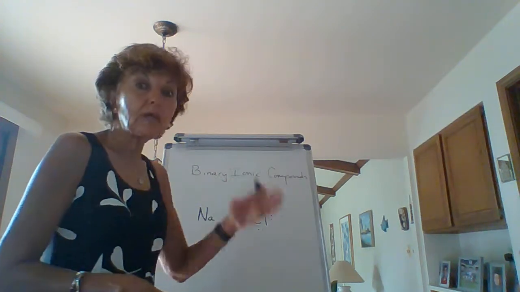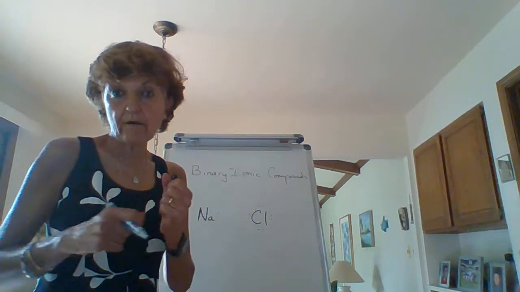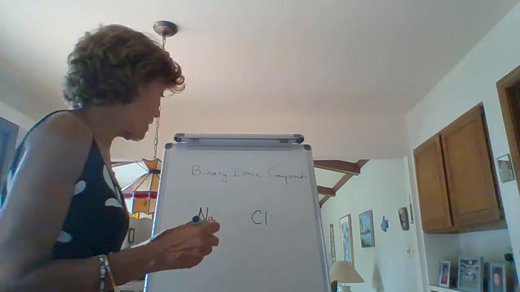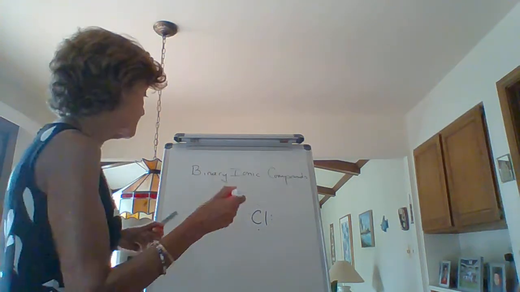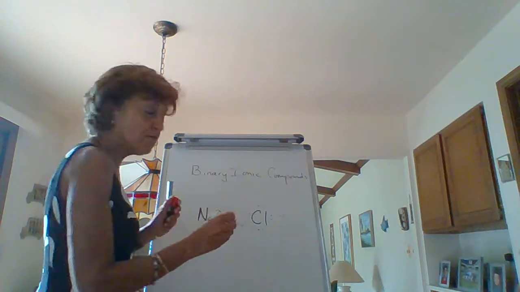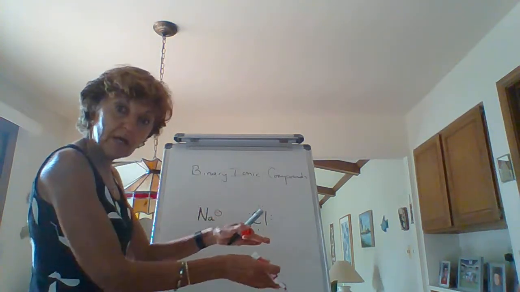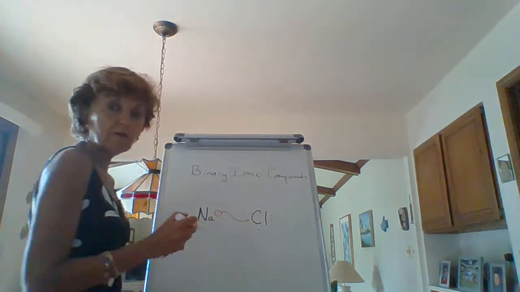Chlorine wants to gain an electron so that it could look just like argon. Okay, so what happens? I'm going to use a red one. See this one electron of sodium? Remember how we said there's a transfer from the metal to the nonmetal. So this comes right over here.